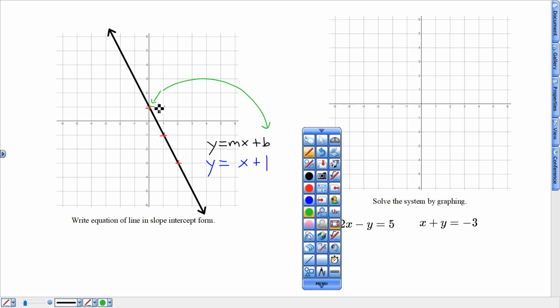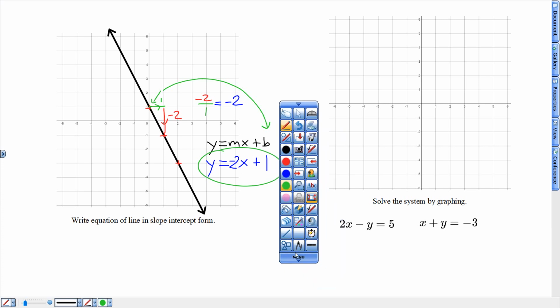Looks like I'm going over 1, but for this one going down 2. That's negative 2 over 1, and that of course equals negative 2. That is the equation of that line, negative 2x plus 1.